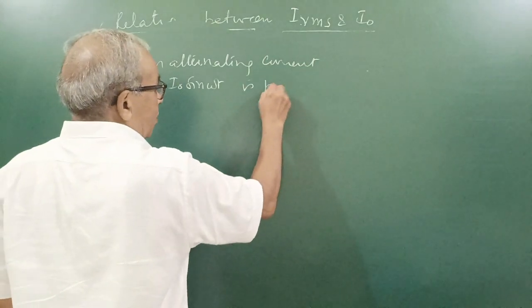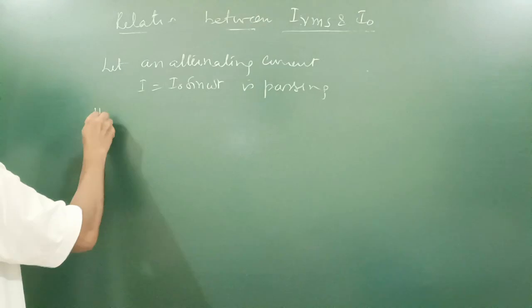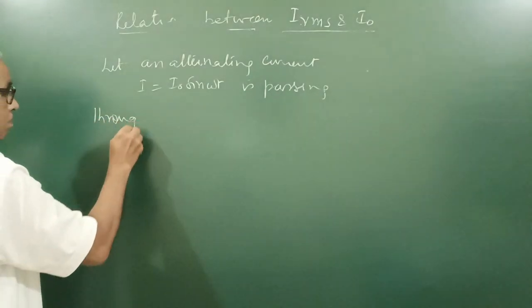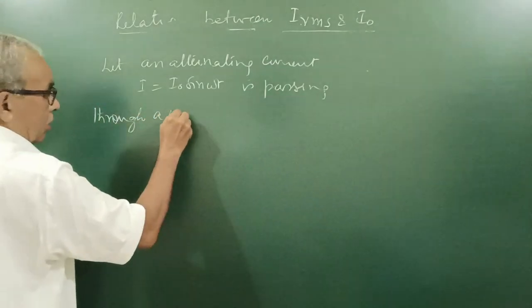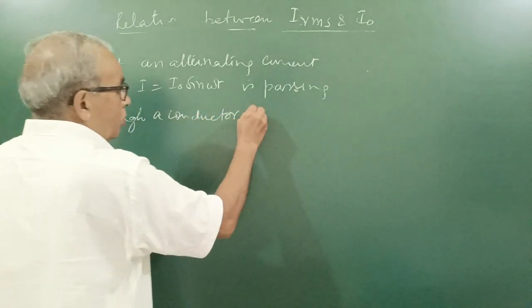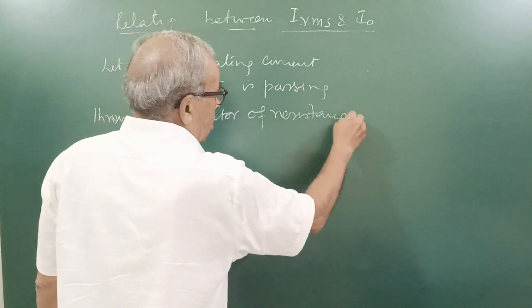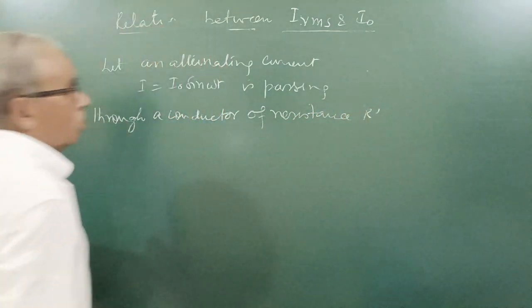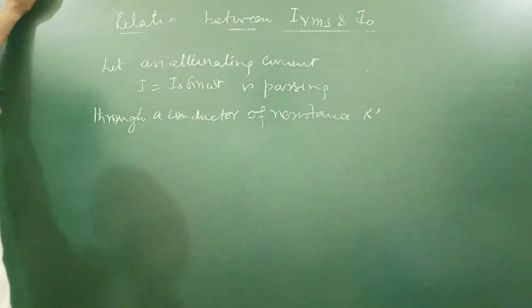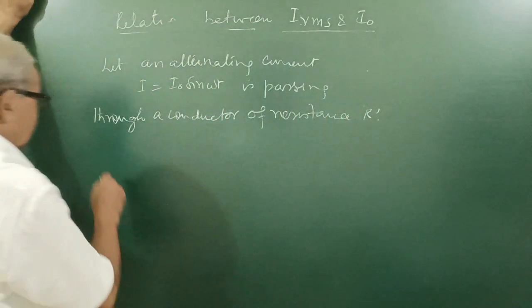is passing through a conductor of resistance R. So when current is passed, heat is produced.